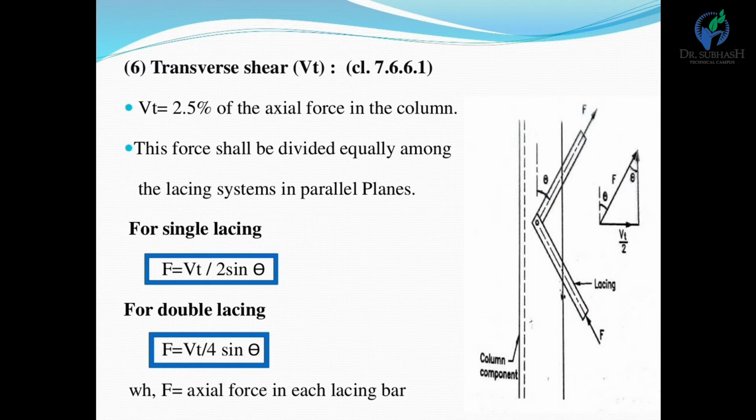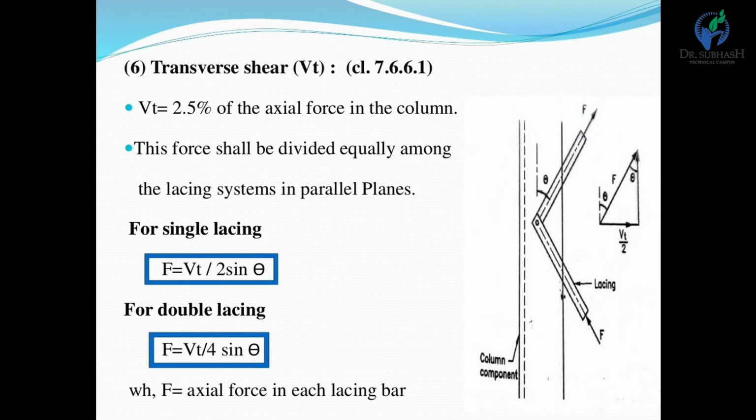VT is equal to 2.5% of the axial force in the column. The axial force of the column is given to you. This force shall be divided equally among the lacing systems parallel to the plane.